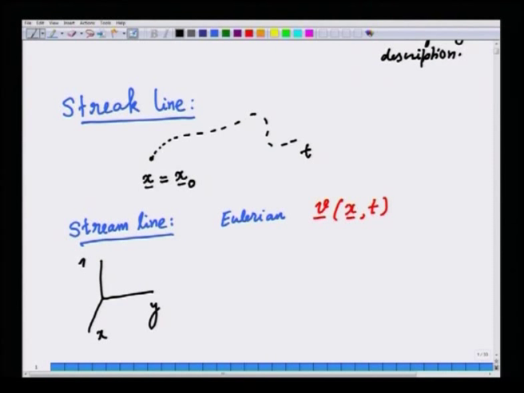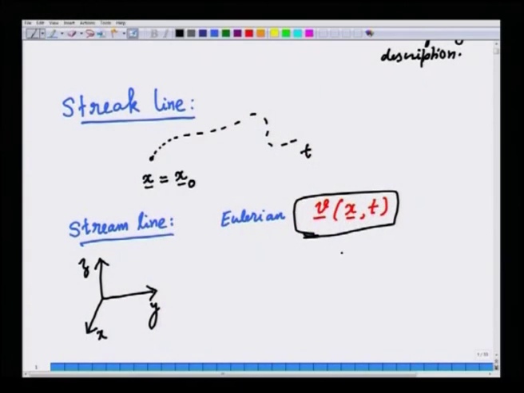And in this regard, suppose you have this vector function, how do I visualize this? Let us fix time t to some value. You can plot the velocity vectors at various points in space. For example, it might look like this.